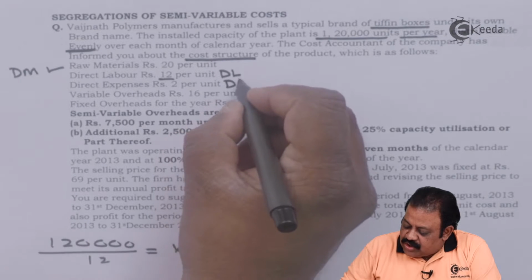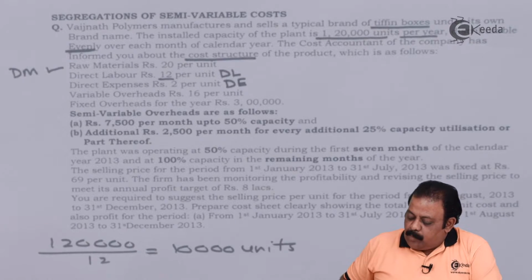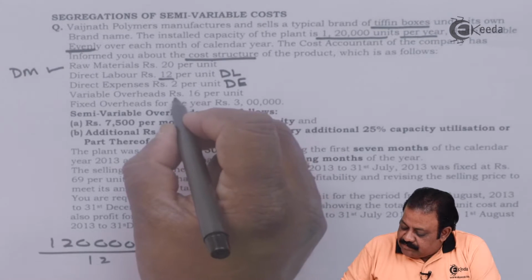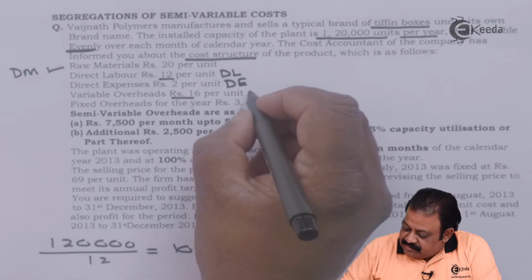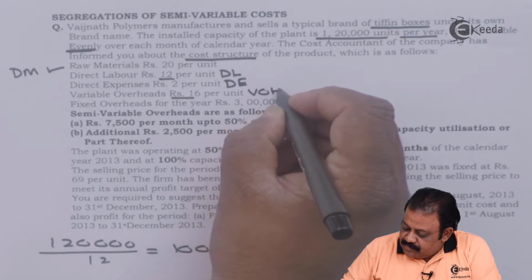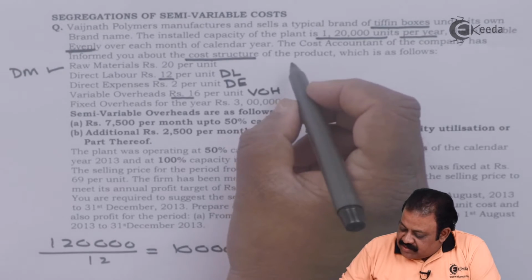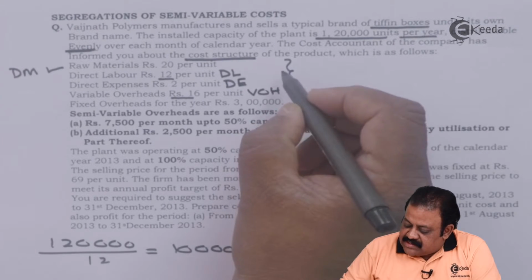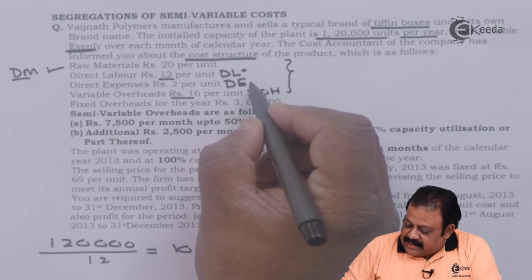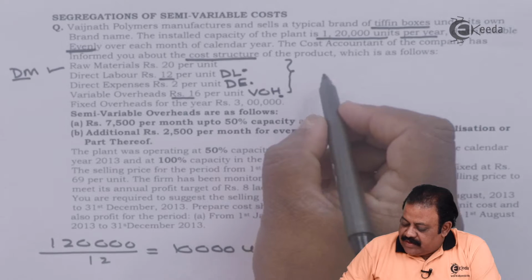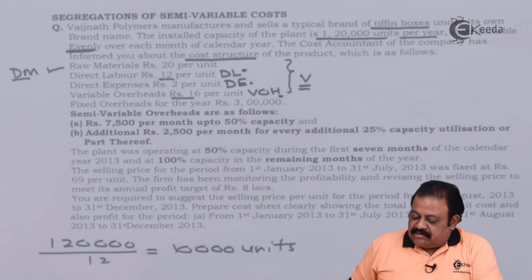This is the information of direct expenses. Variable overheads rupees 16 per unit. Here all these expenses are given per unit, that means they are totally variable. These three expenses, direct material, direct labor, direct expenses, and variable overheads, will be called totally variable expenses.